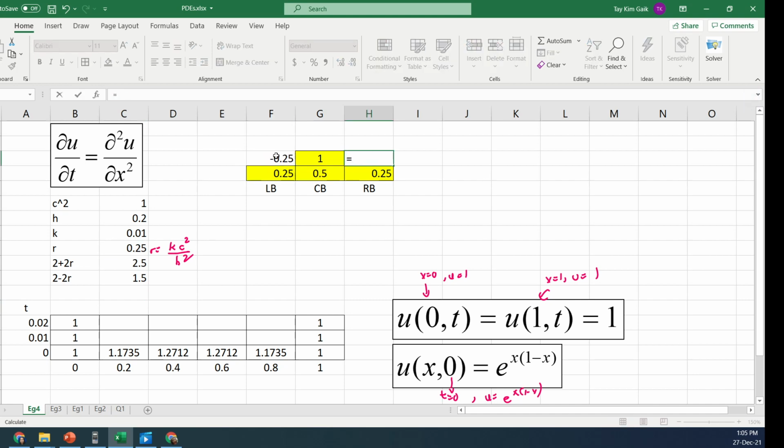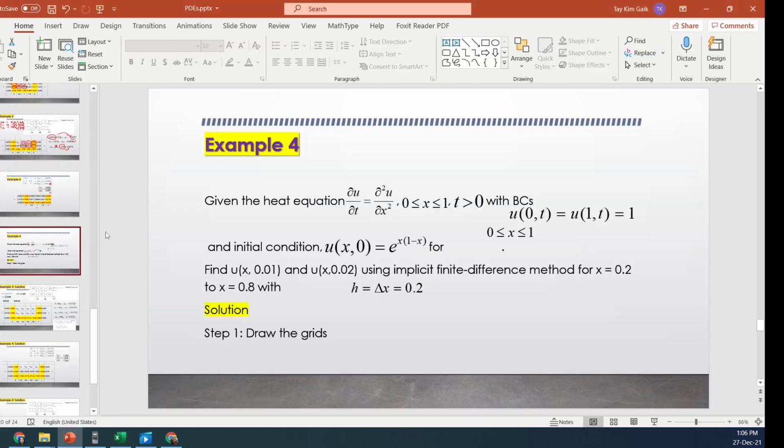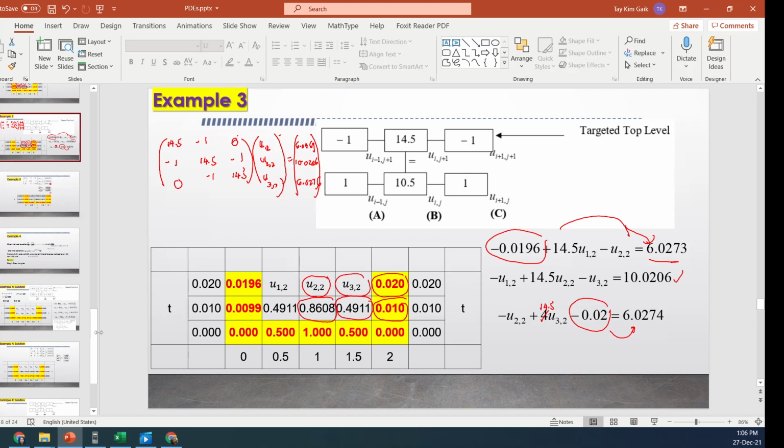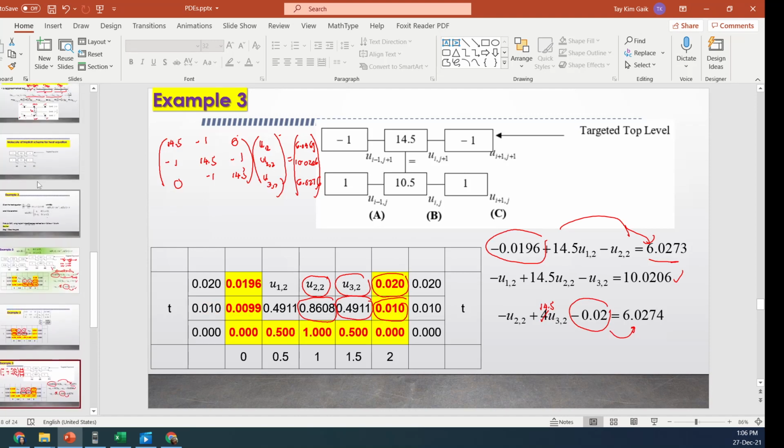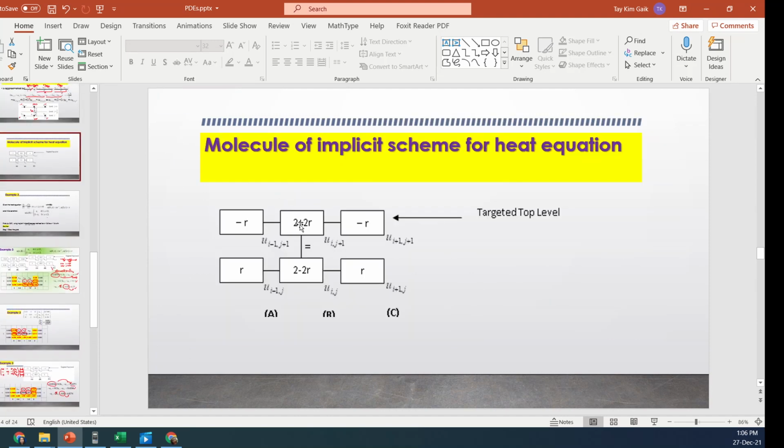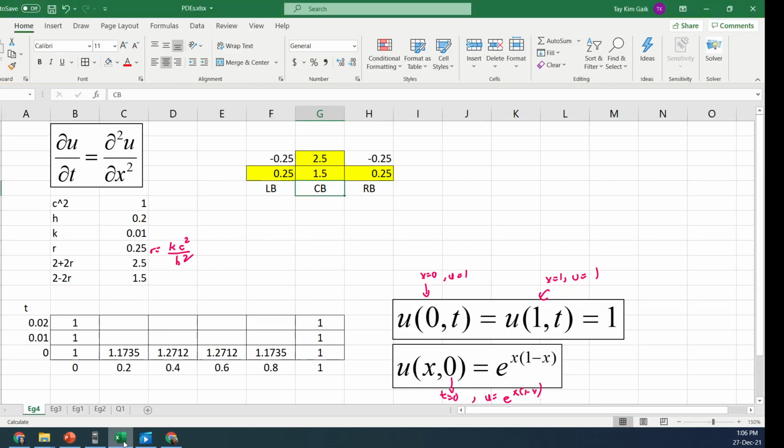This one equals negative r. This is 2 plus 2r here. And this is r. This one is 2 minus 2r. Okay, can check back. The center top coefficient is 2 plus 2r, center bottom is 2 minus 2r. Okay.